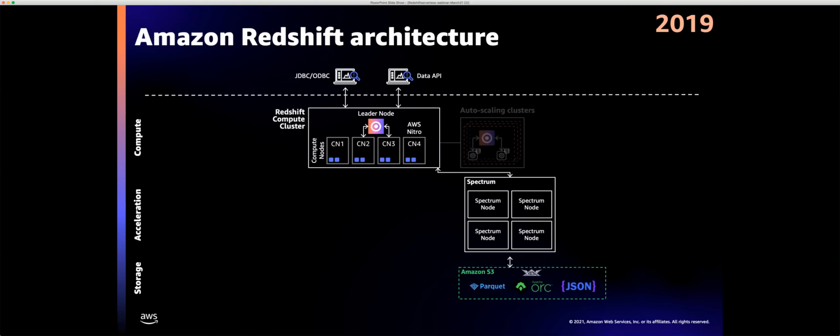Following Spectrum, what we heard from our customers is that the concurrency of Redshift is quite limited. The use cases we started seeing were dashboards being refreshed by hundreds of users, and a single cluster is not sufficient. Customers requested a way to reduce queuing and increase the concurrency of the system.